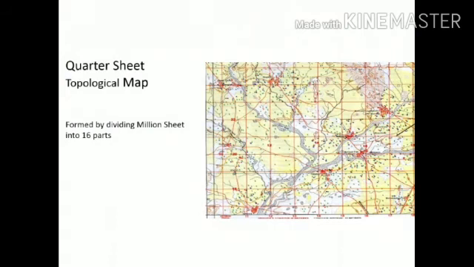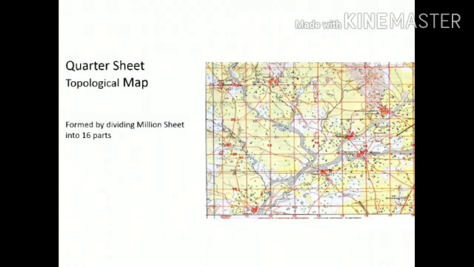The scale of these sheets is 1:250,000 or 1 centimeter to 2.5 kilometers. Quarter sheet means quarter part of million sheet, that is 1 degree of latitude or 1 degree of longitude.